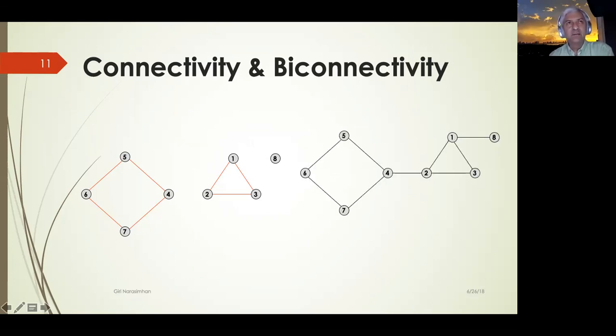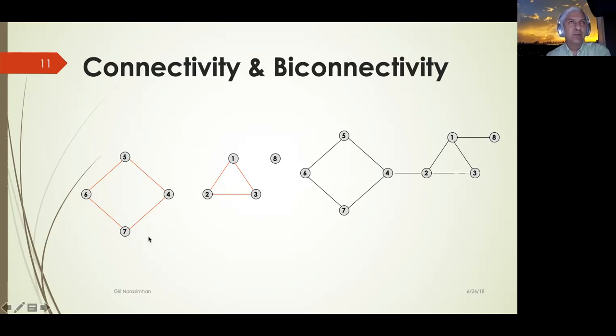On the other hand, this second graph that I'm showing you here on the right-hand side is a connected graph. Here we have a couple extra edges between 2 and 4 and between 1 and 8. And now you can get from anywhere to anywhere. Of course, both of these are undirected graphs. And we know how to test for connectivity because all we have to do is run depth first search or breadth first search.